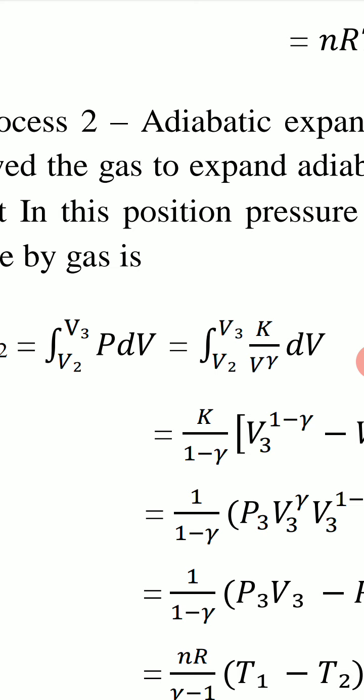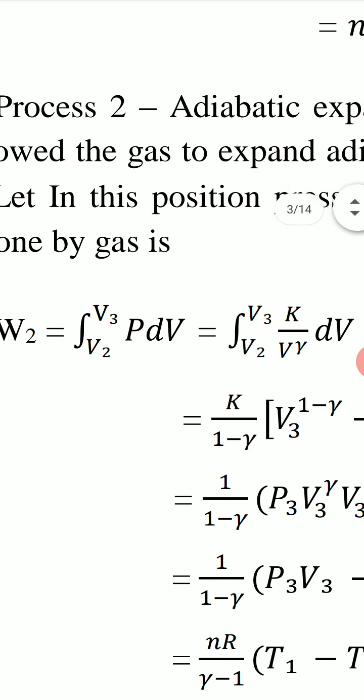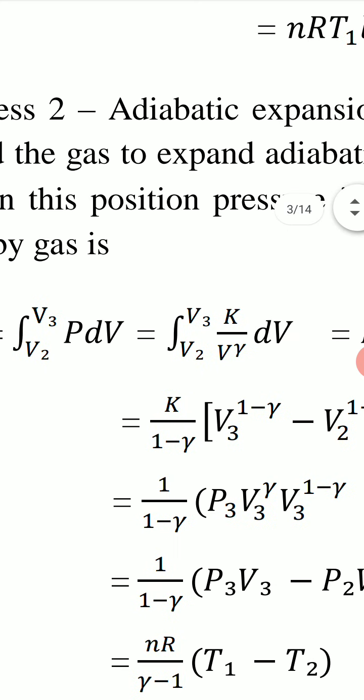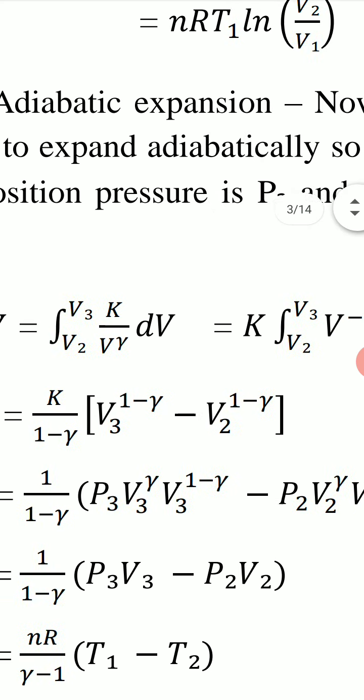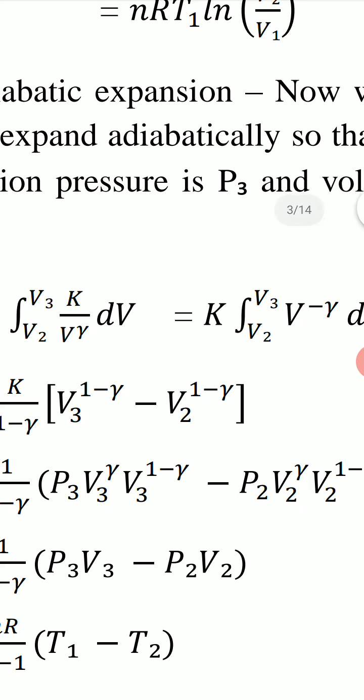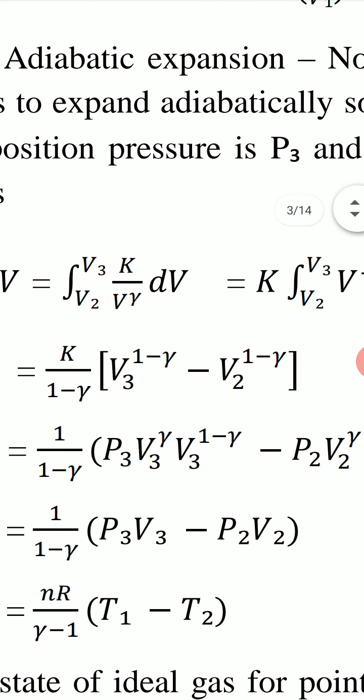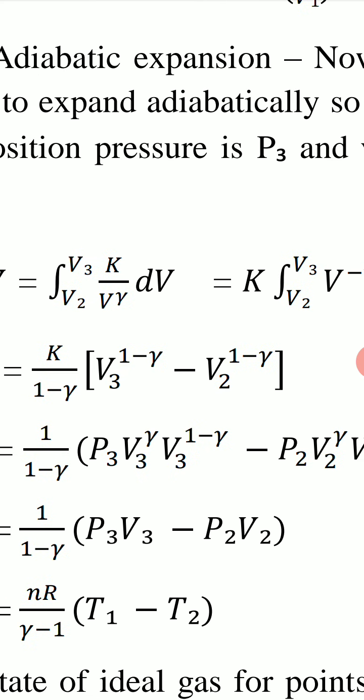Now substituting this value of P, the work done W2 becomes integral K upon V to the power gamma dV. K is a constant, taken outside the integral, and inside the integral we have V to the power minus gamma dV.